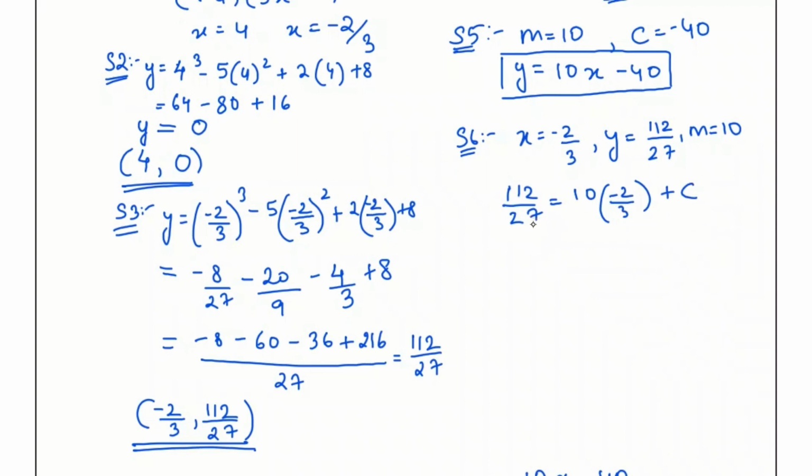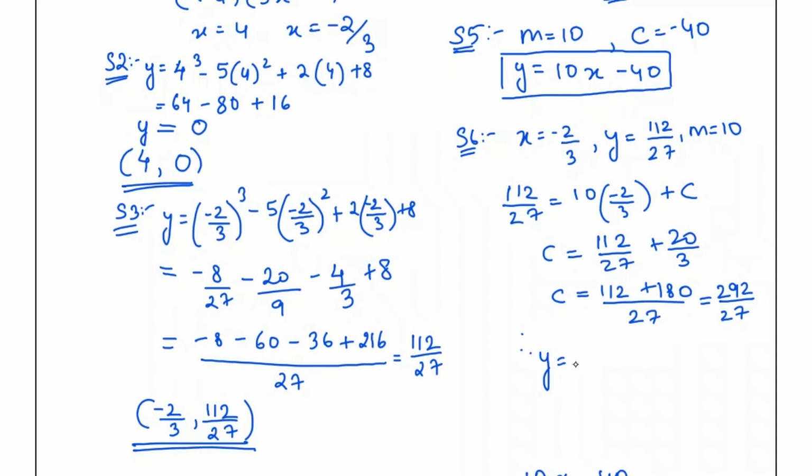So c is equal to, this will go on the other side and we get 112 upon 27 plus 20 upon 3, which gives us 292 upon 27.